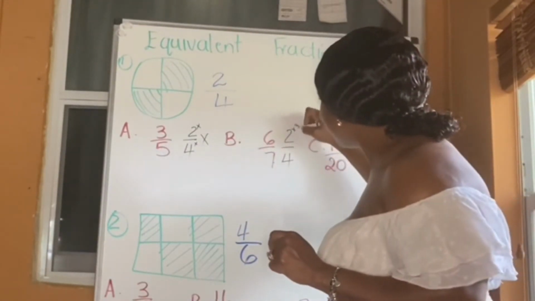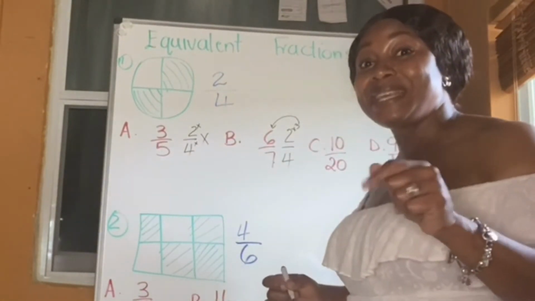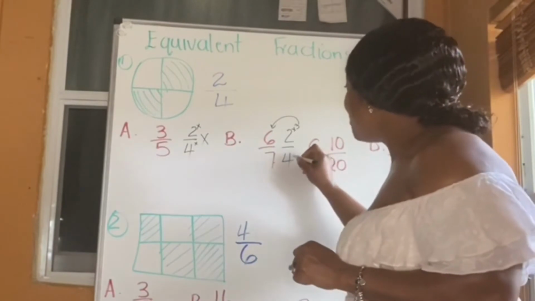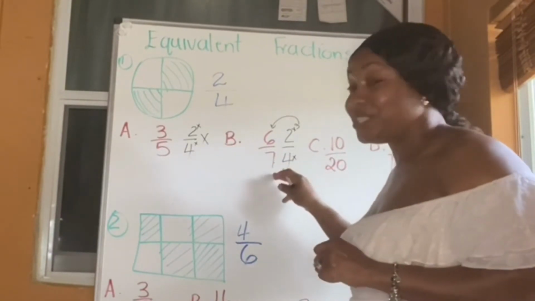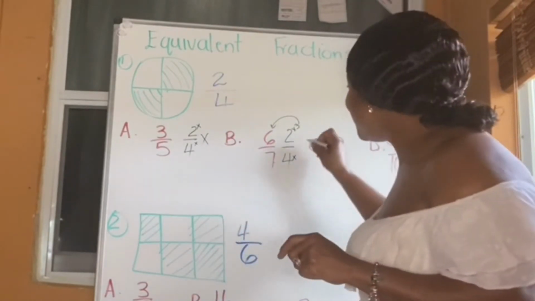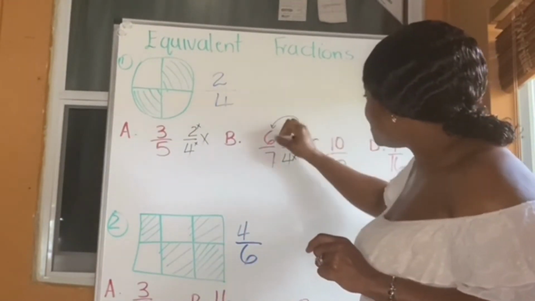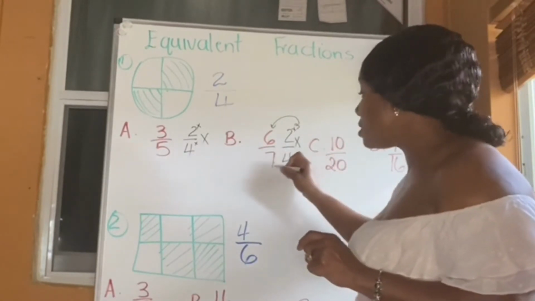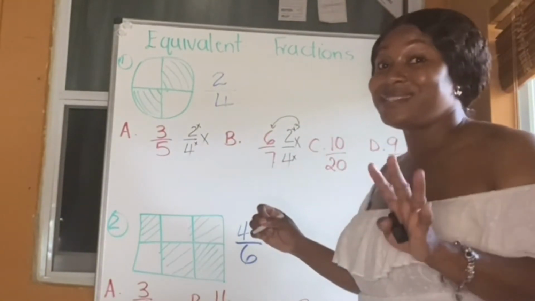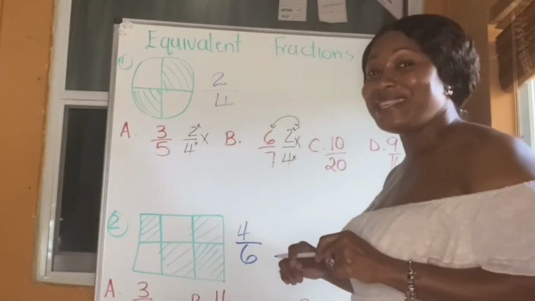It is 3. 2 times 3 will give me 6. What can I multiply by 4 to get 7? Nothing. It simply means these are not equivalent. So even though 2 times 3 gives me 6, 4 times 3 does not give me 7. So it's not equivalent.